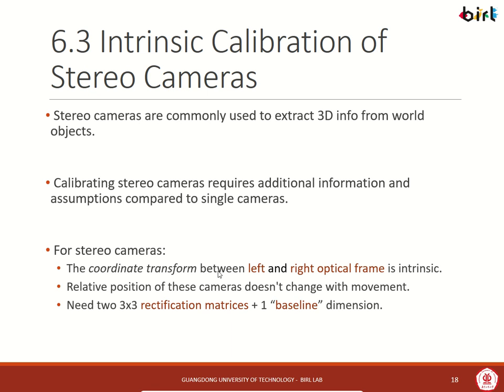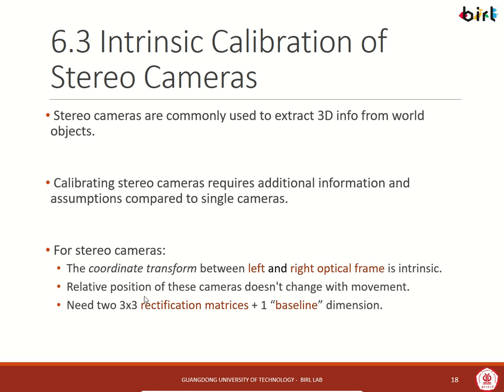One assumption that we have is that the distance between those two cameras will never change. So even if you move the cameras to another part of the robot, the distance between those two cameras should never change. If it changes, then you need to do this again.